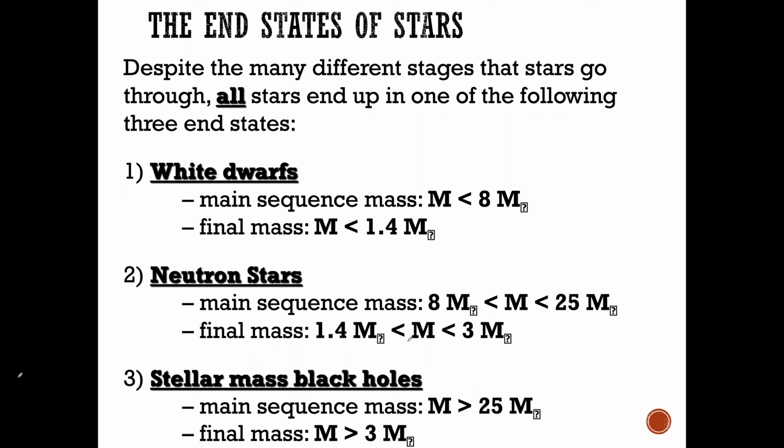Now you have many different stages of stars that they have to go through, but all stars will end up in the following 3 end states, right? If you have a star with main sequence mass less than 8 solar masses, by the way, all these question marks should be solar masses, for some reason it is not displaying.